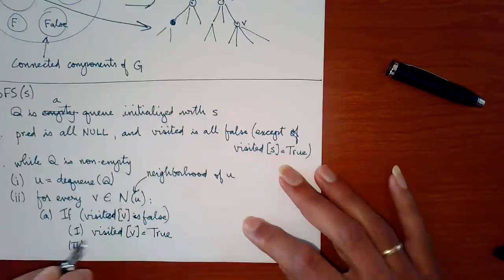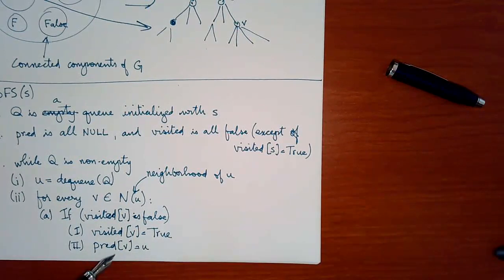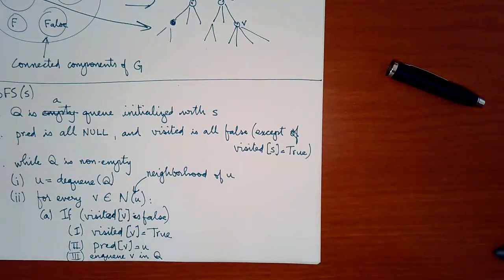Then we set the predecessor of V to be U, because V was discovered from U. And then finally, step 3, I'm running out of space here, is to enqueue V in the Q.